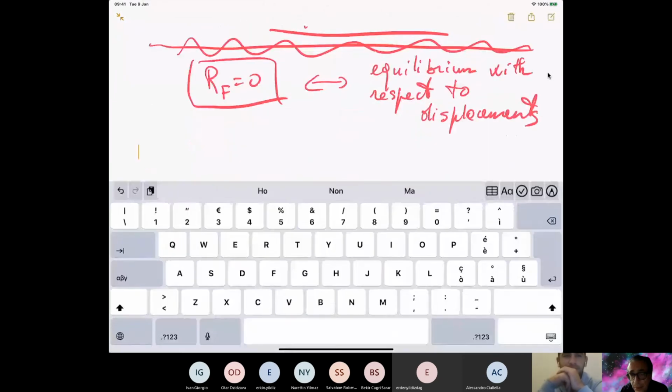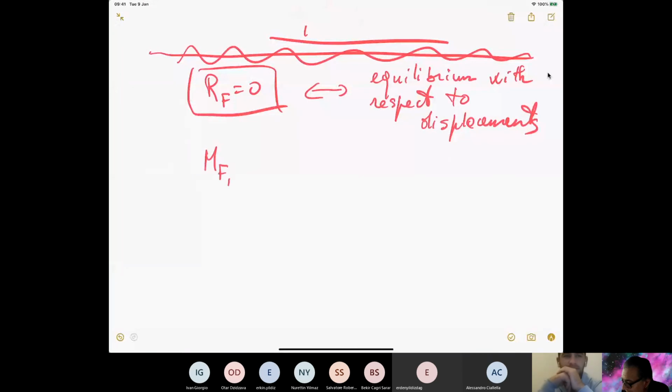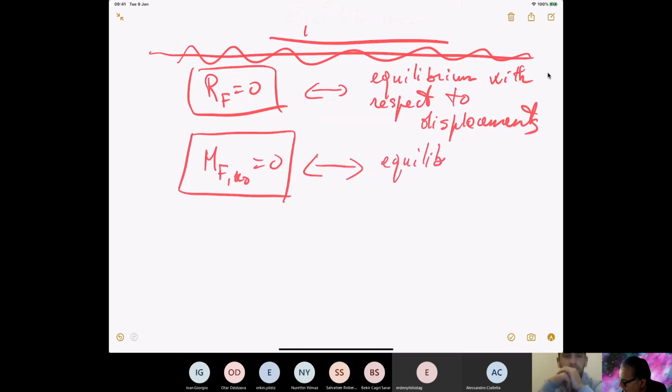And they call M F x0 equals 0 equilibrium with respect to rotations.